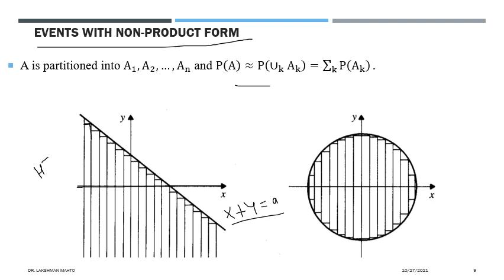What I would like to say is that in discretization, even if your event is not in nice product form, we can express it approximately in product form. So through discretization we are getting an approximate result. All these were events related to jointly continuous random variables.